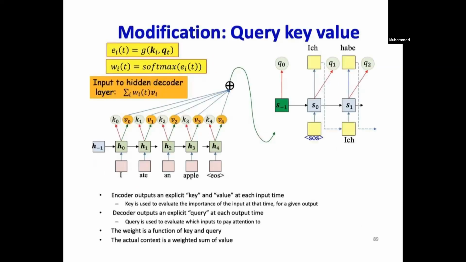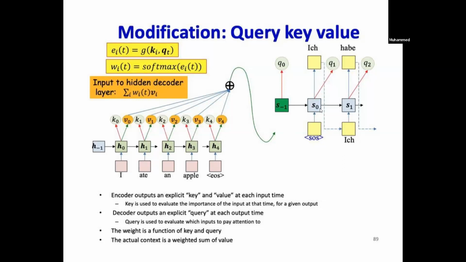There's a slight modification of what we've just discussed that is widely used, and is also the attention mechanism used in the popular transformer models. So instead of just using the hidden states from the input sequences and the hidden states from the output sequences, we now project them. We project the output hidden states into queries.